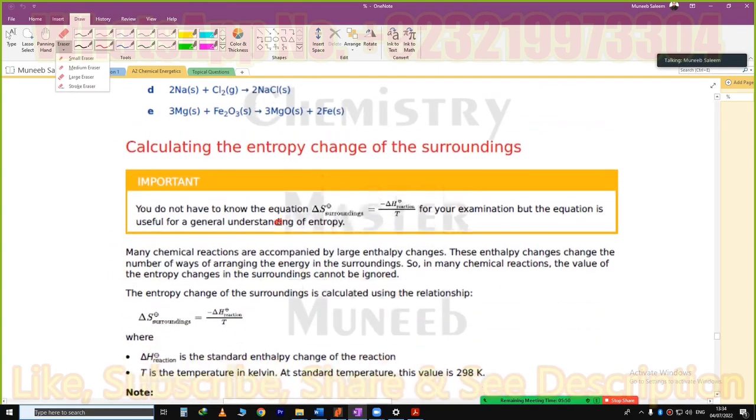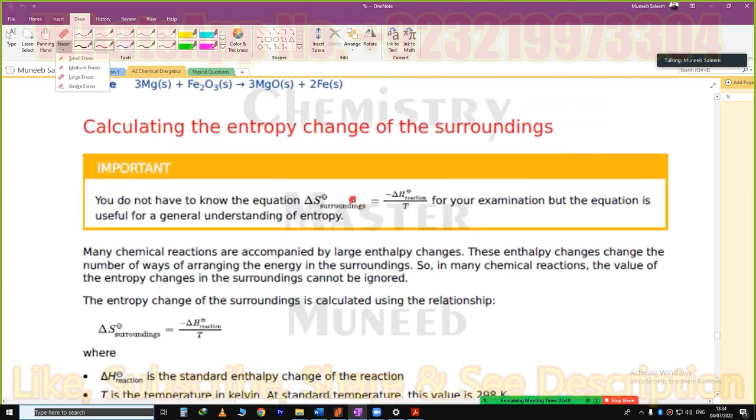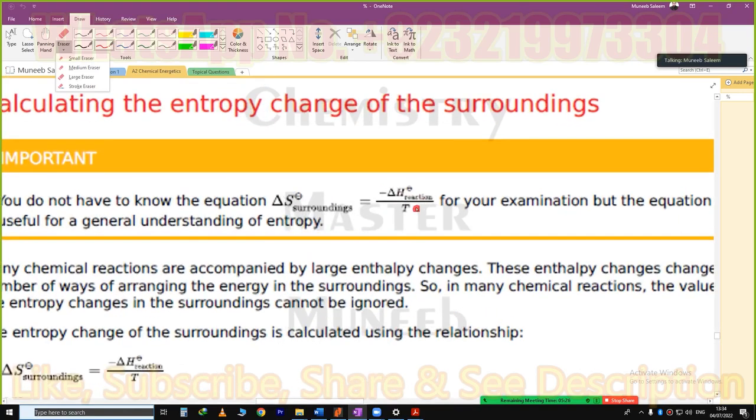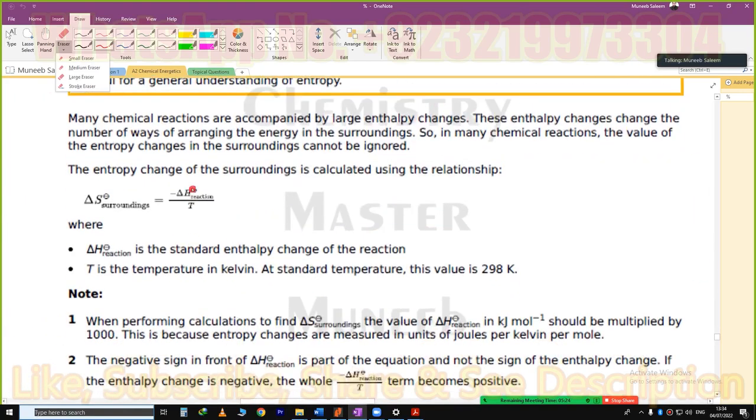Then here is the formula to find the delta S of the surroundings. Again they have said that you don't have to know the equation for your examination, but the equation is useful for general understanding of entropy. The equation is minus delta H of the reaction divided by T. Delta H reaction is the standard enthalpy change of the reaction.